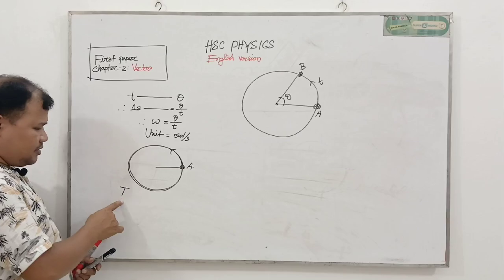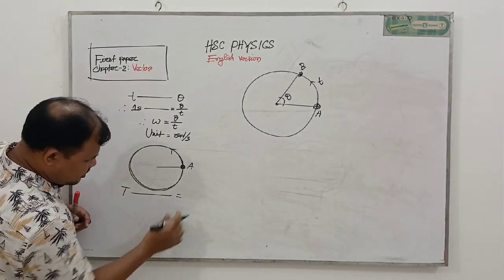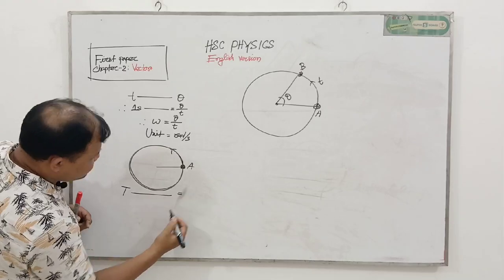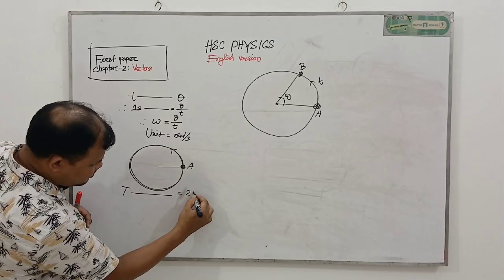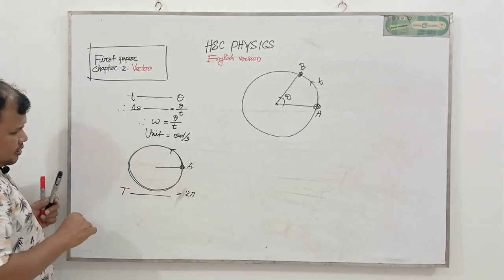Suppose T time is needed. For time T, what will be the angular displacement? The angular displacement will be twice pi. Now we calculate why.